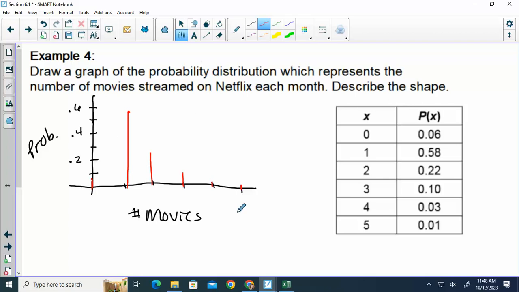All right, what are my options when I'm describing shape? We can have symmetric, we can have skewed left and skewed right. All right. And then if I look at this, how would you describe that one? If you think about if you drew in a curve, it's extending off to the right, so this is skewed right.